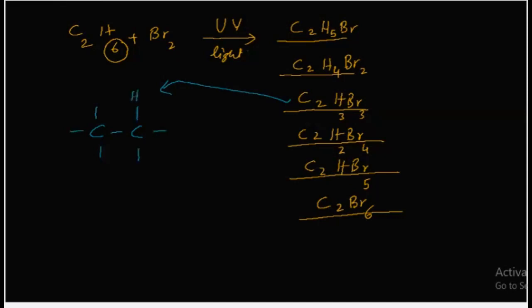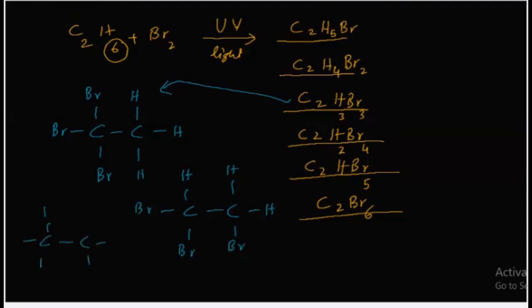For example, if you add these 3 hydrogen atoms here and then 3 bromine here, this may be the compound. Or if you put 3 hydrogen here and then 3 bromine here, this may be the possibility.